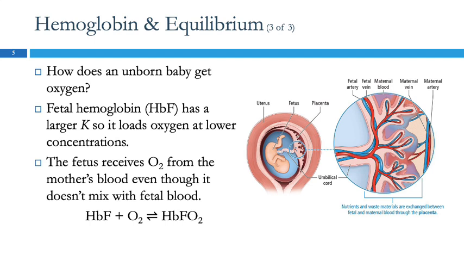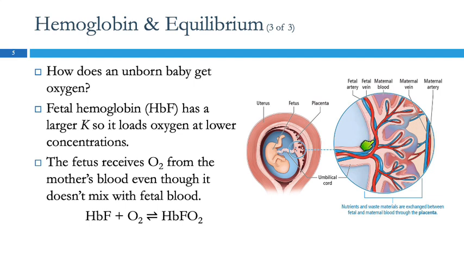How does an unborn baby get oxygen? So the unborn baby has its own circulatory system, and its blood does not mix with the mother's blood. So how does the oxygen get in there? Well, fetal hemoglobin has a larger equilibrium constant, so it's going to load oxygen at lower concentrations.